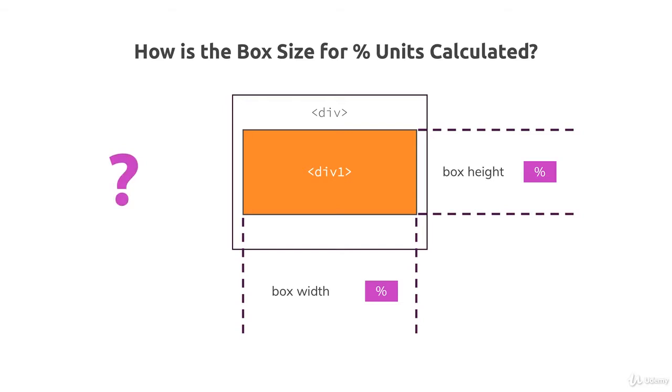Well, what is this height and this width referring to? So if I add a width of 80%, what is this 80%? Is it 80% of the parent, 80% of the body element, of the HTML element, or of anything else we don't know so far? This is exactly the problem we have to take a closer look at right now. And for that, we have to understand the so-called containing block.